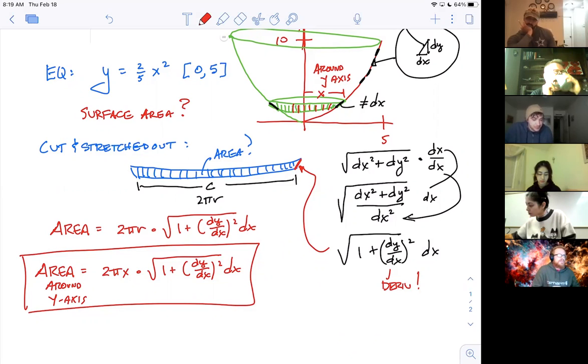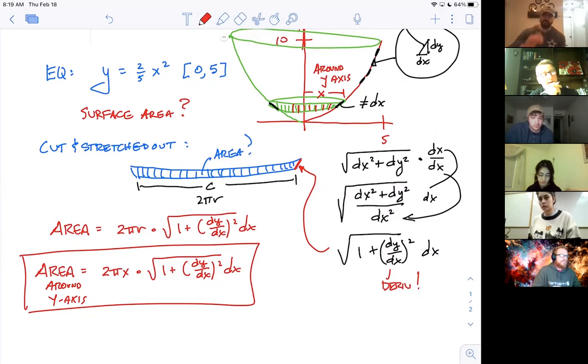So Doug, I had a quick question about this. Fire away. If we were rotating this cup around the x-axis, would we multiply the square root of dx squared plus dy squared by dy over dy instead of dx over dx? In other words, you're asking this really good question: what if we spun this thing around the x-axis? What would happen? That's actually a good question.